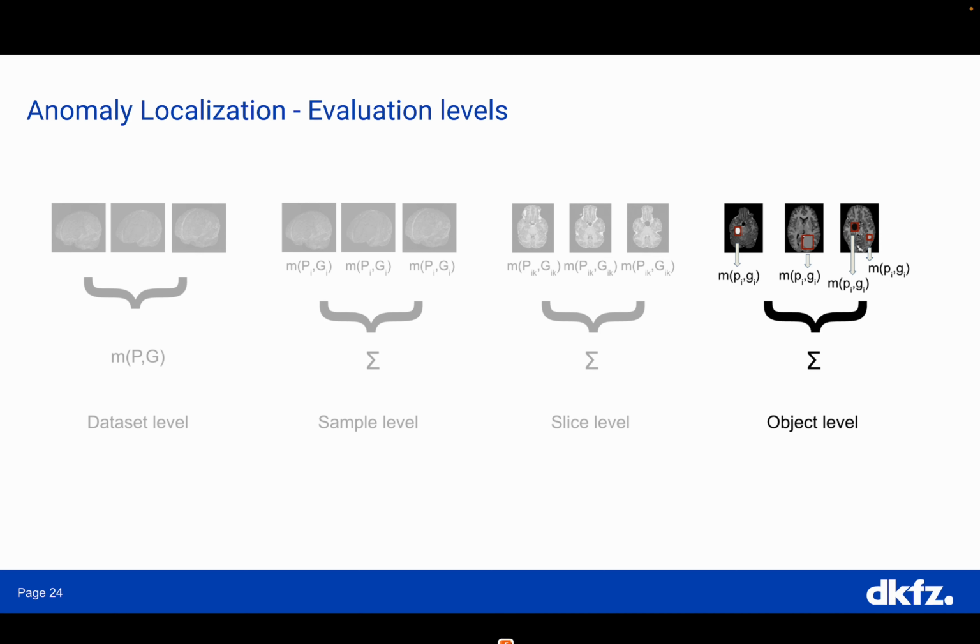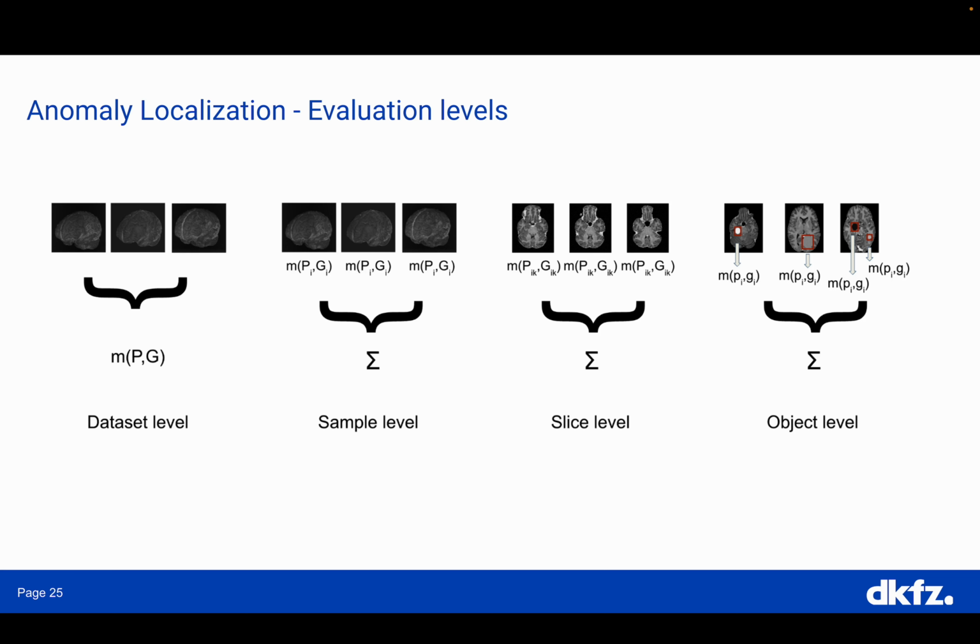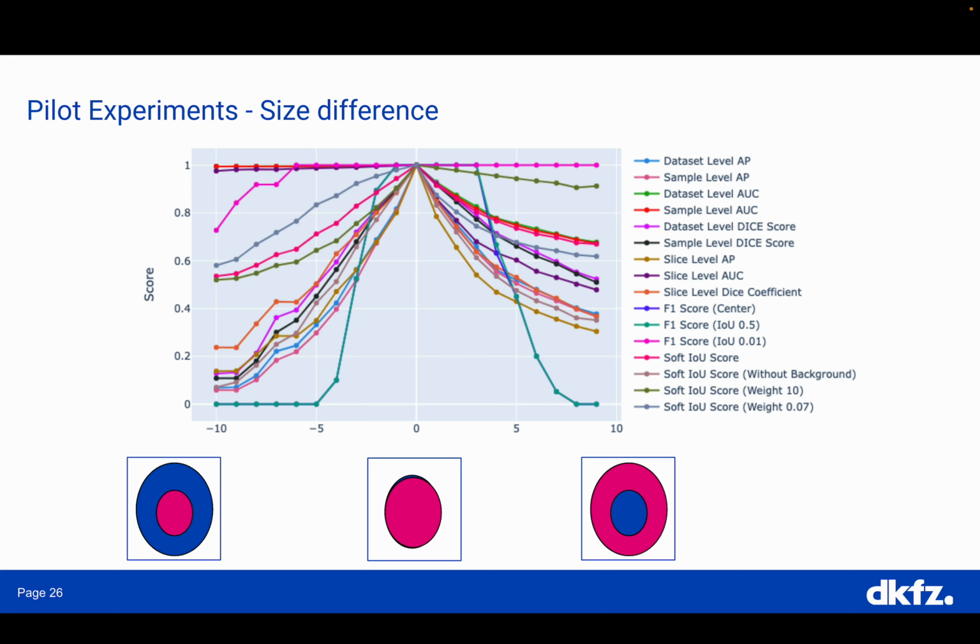To see how well these work, we did pilot experiments with very simple use cases. For example, we can see what happens as the size of the ground truth and prediction varies. If we have an under-segmentation or an over-segmentation, we can see that most metrics perform worse, and for perfect segmentation are perfect.